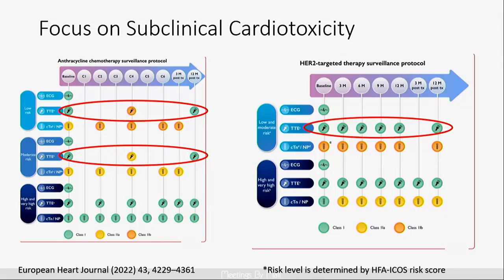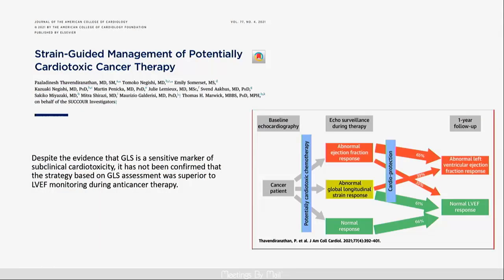It seems like these patients in the European guidelines have to come up so frequently that there has been a debate whether this is practically feasible. But nevertheless, follow-up is recommended, even if it is not monthly or 3-monthly. And in this particular situation, strain is monitored.